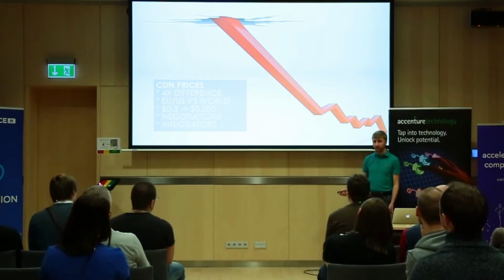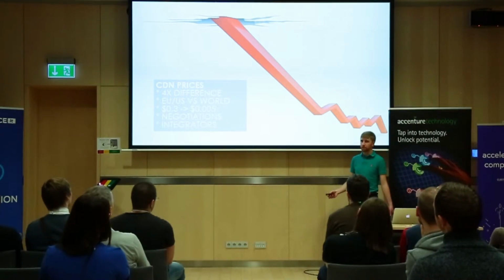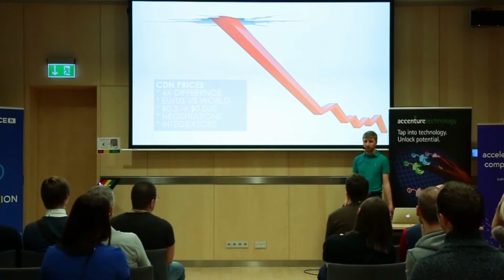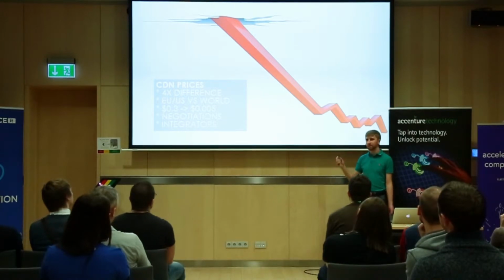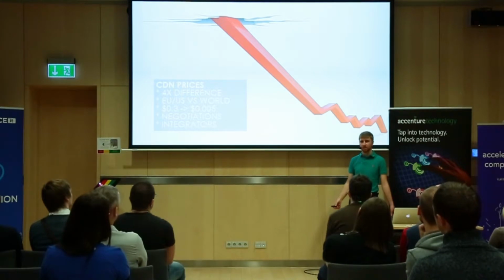And to give you an idea of the prices for CDN traffic, the highest prices will be for traffic in Japan. If you have, for example, 1 terabyte of traffic per month, it could cost you 30 cents per 1 gigabyte.